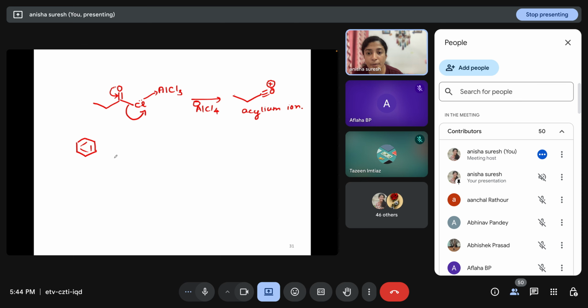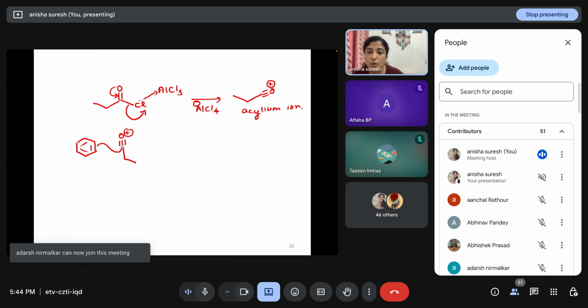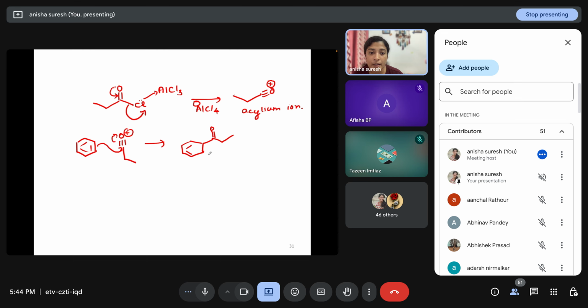Now the benzene can attack on the acylium ion, resulting in the formation of this reactive intermediate, and then Cl minus that is present in the medium can abstract this proton and regain the aromaticity, resulting in formation of the final product.